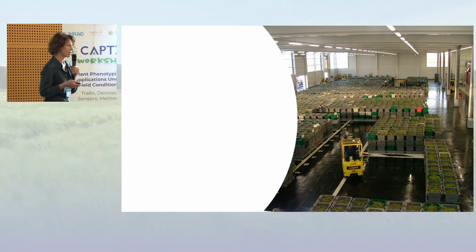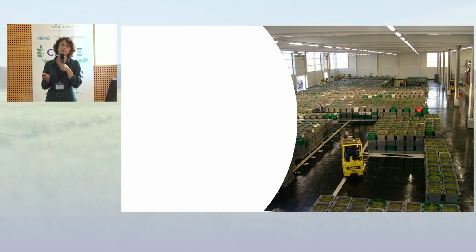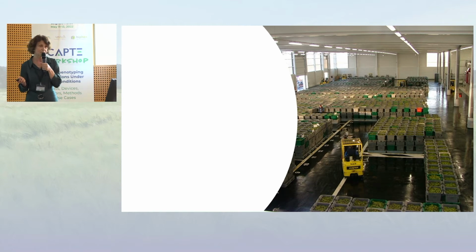There is a time challenge also in this condition. So when you arrive here and you say to the people, now we are going to manage the quality, we are going to set batches of different quality, and we are going to take pictures of boxes, they say, you're crazy. We have something else to do than taking pictures of each of these baskets.